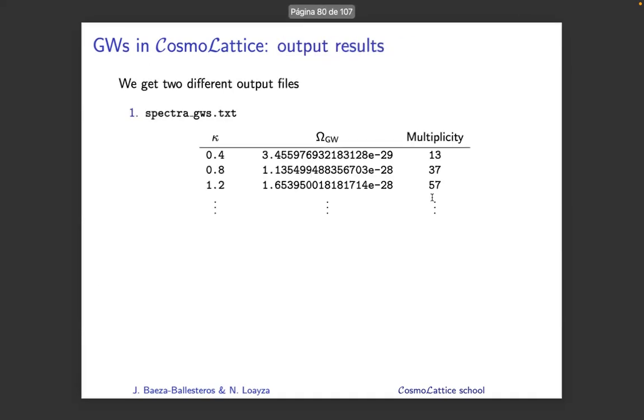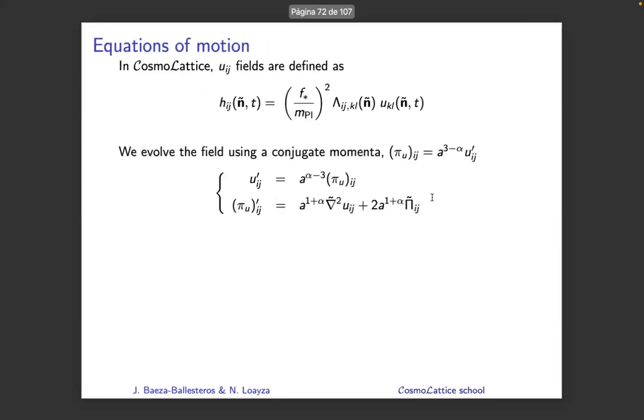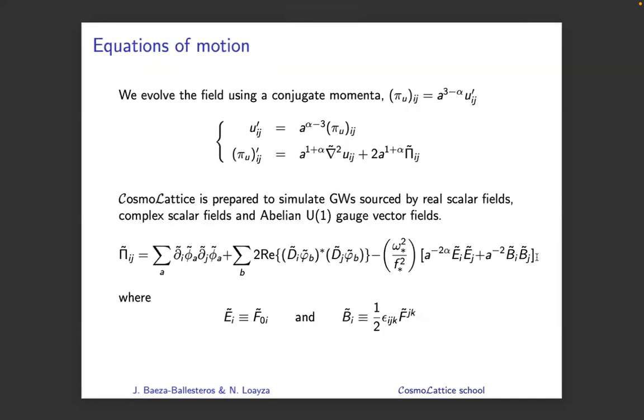If you want to know how to arrive at this equation, you can look at technical note 3, and there is a slide with a very simple explanation of how we arrive here. Basically, you write down the Lagrangian of all the possible fields that we have here: scalar, complex scalar, and U1 gauge fields.